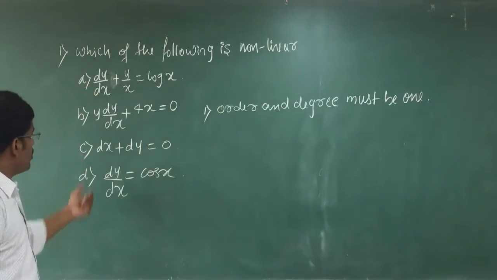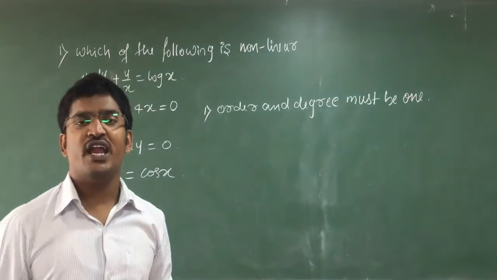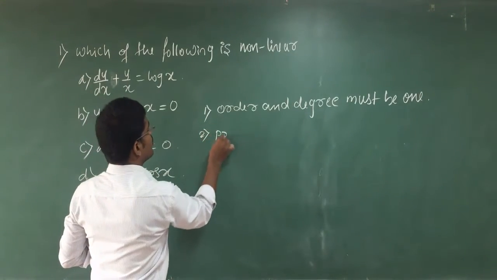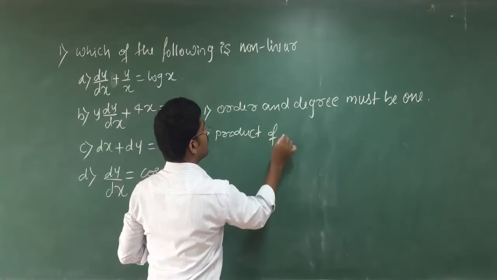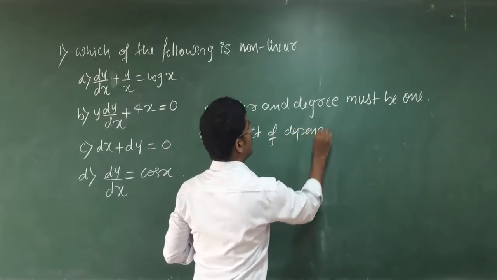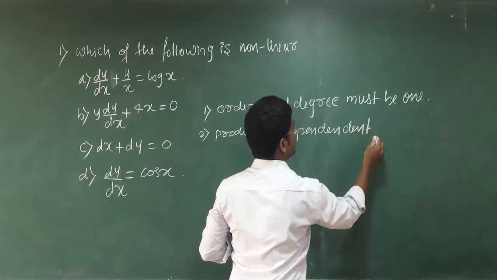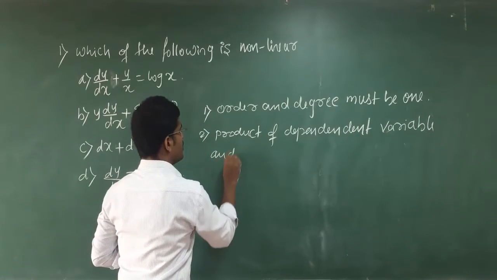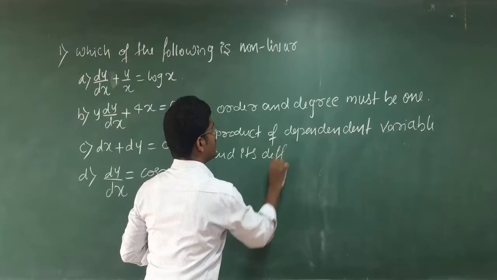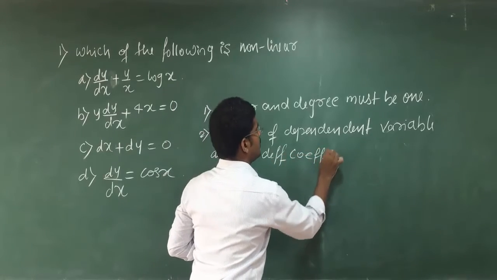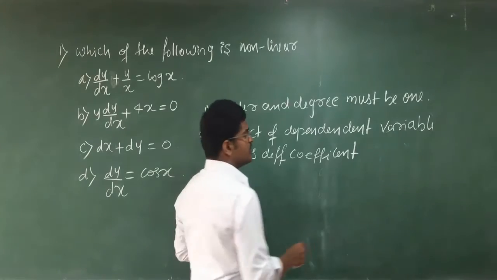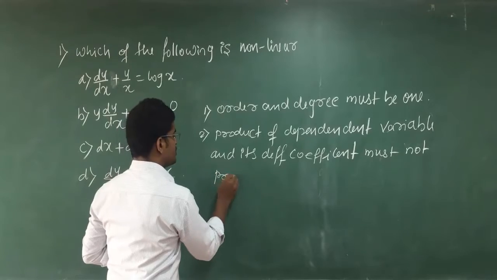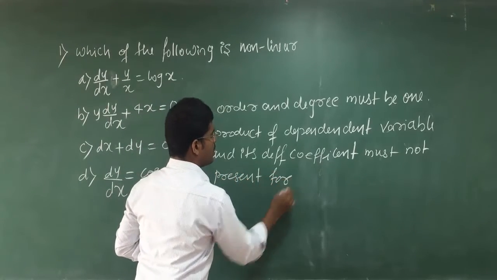See, all the options have order and degree as 1. Clear? And the second one: the product of the dependent variable and its differential coefficient must not be present for linear.